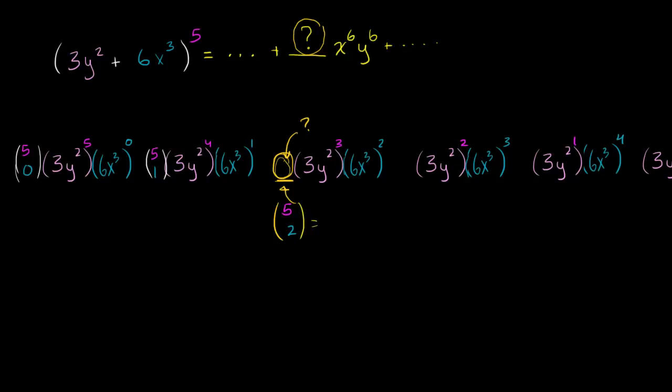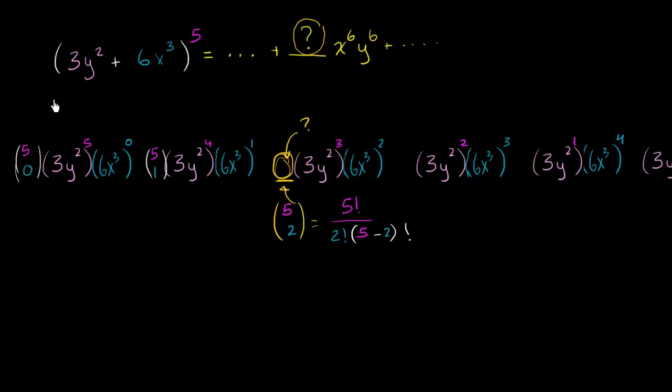Well, that's equal to 5 factorial over 2 factorial times 5 minus 2 factorial.